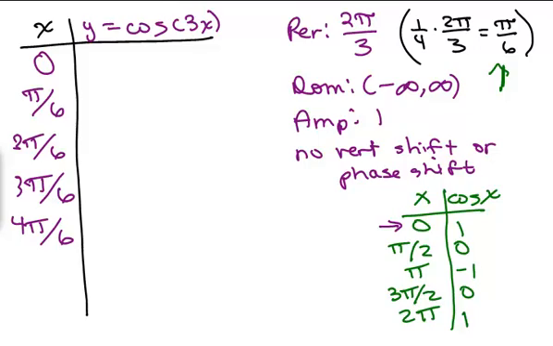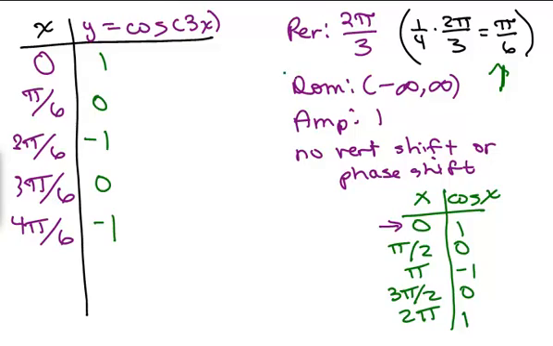Now, I design these so that when you put these values in for x, we'll get the same y-coordinates over here. You don't have to multiply it by anything or add anything to the end. So our y values are right here: 1, 0, negative 1, 0, and 1. So we are ready to graph just about.